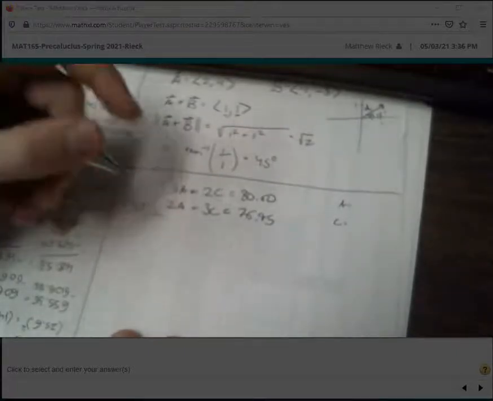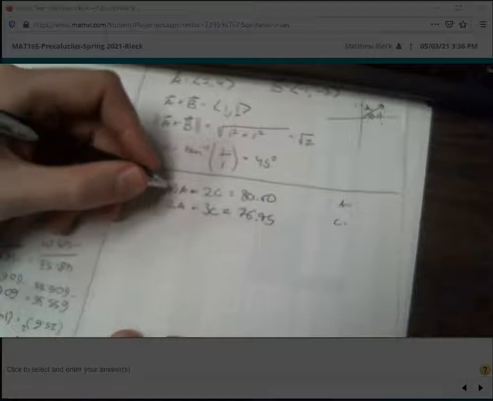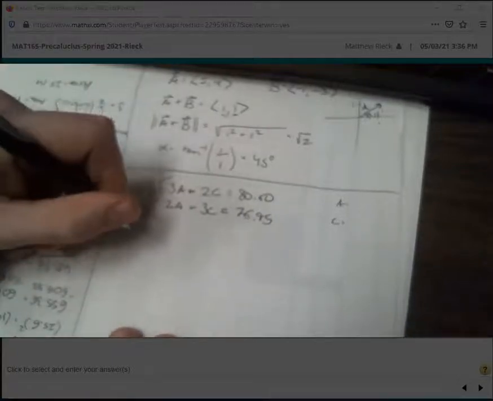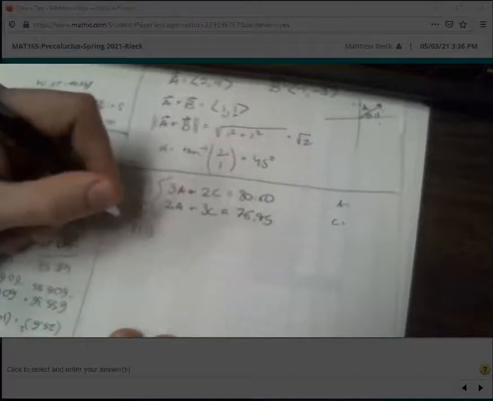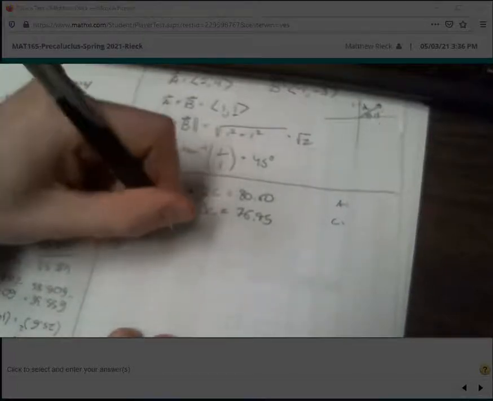So to eliminate one of my variables, it looks like my least common multiple is going to be 6. So I'm just going to take 2 times equation 1 and then subtract 3 times equation 2. And that's going to get me a new equation here.